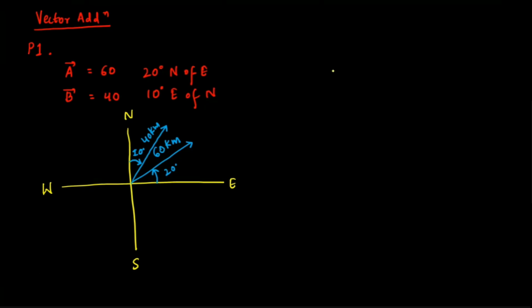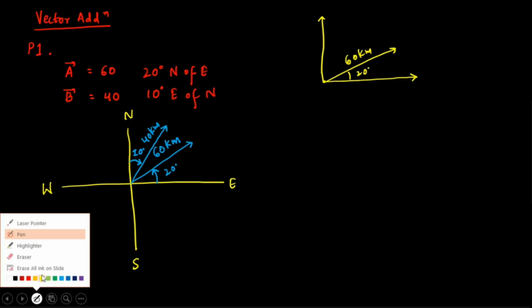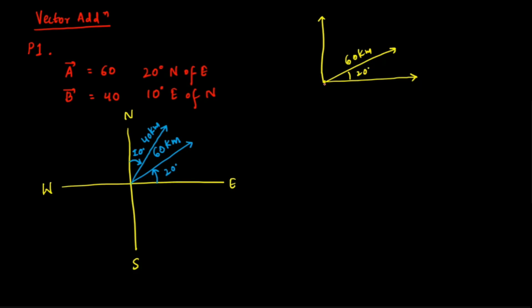First of all, both of these vectors must have components along the x-axis as well as along the y-axis. If I choose the first vector as 60 kilometers and the angle is given as 20 degrees here, this vector has one component along the x-axis, which is 60 cos 20. Similarly, along y, it can be written as 60 sine 20.